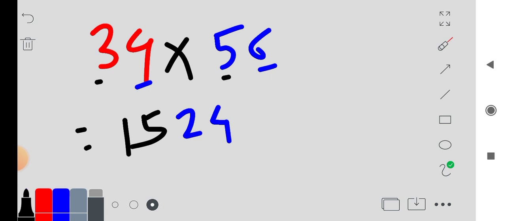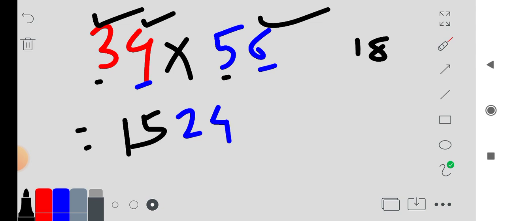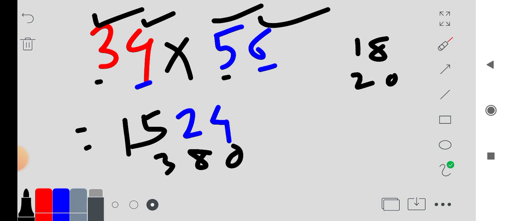Now 3 into 6 outer product, that is 18, and inner product 4 into 5, 20. So this is nothing but 38. That means 380. We have to add mentally 1524 plus 380, means 1524 plus 300 is 1824, plus 80, that is nothing but 1904.